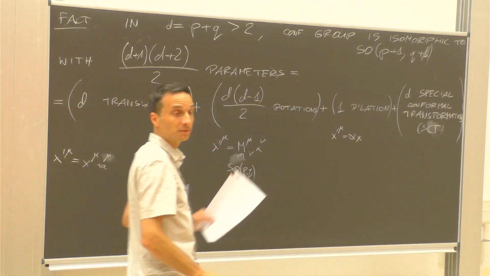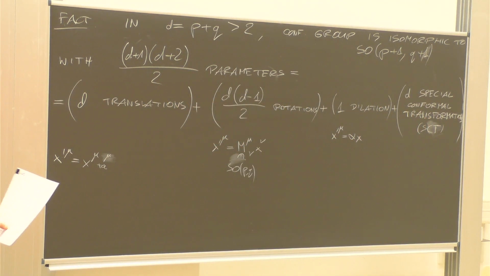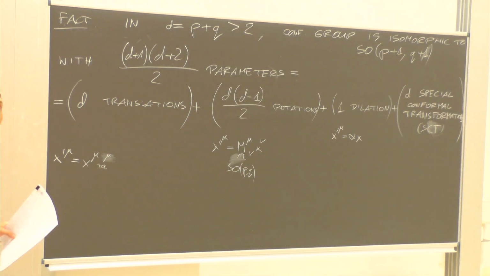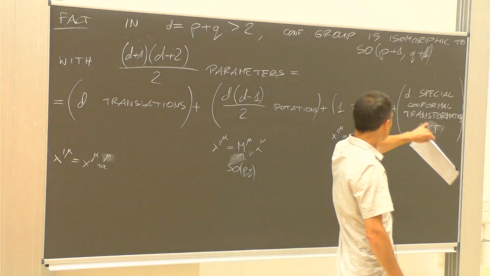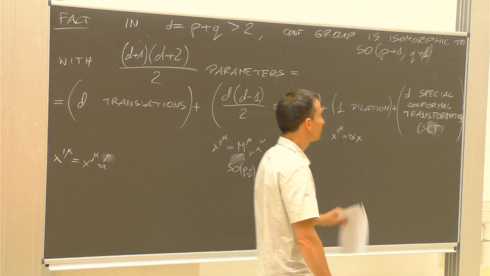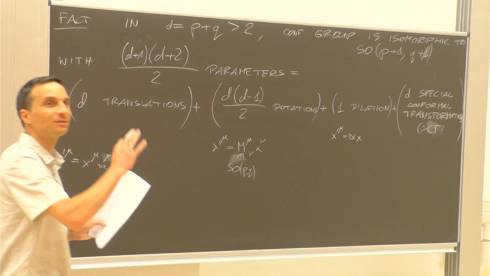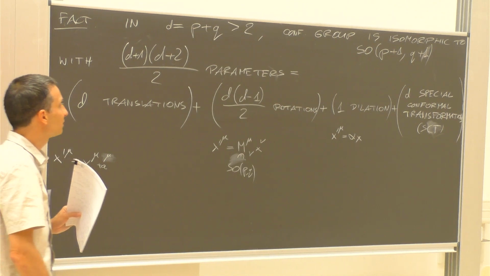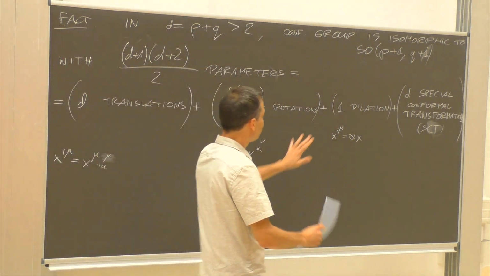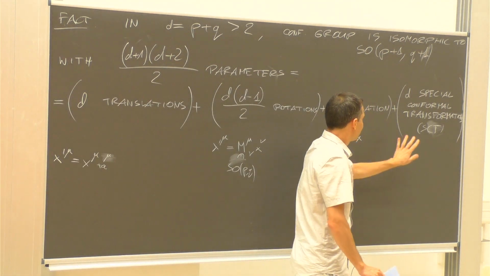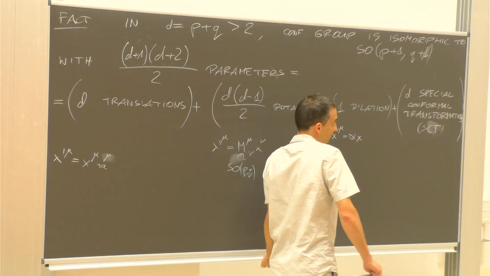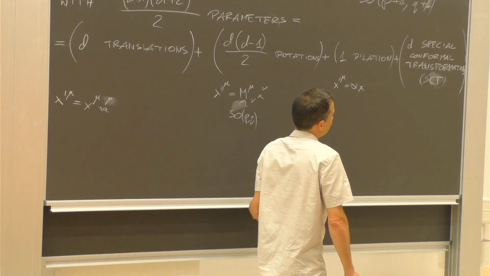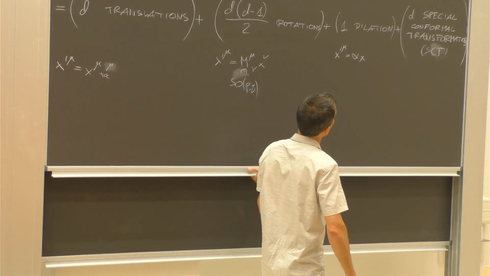But they are responsible for much of the structure of what I will be talking about. There is also a very interesting interplay between these dilations and special conformal transformations in quantum theory. There are various statements or theorems on various levels of rigor that in the quantum world dilations imply also invariance under these transformations, but these are more advanced topics which I'm not sure if I will manage to reach.